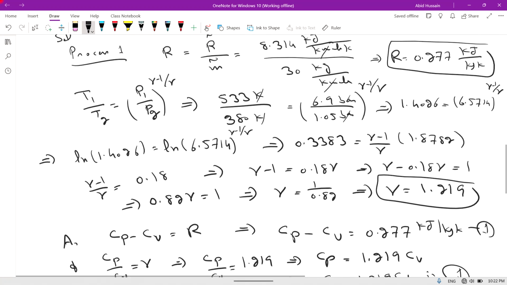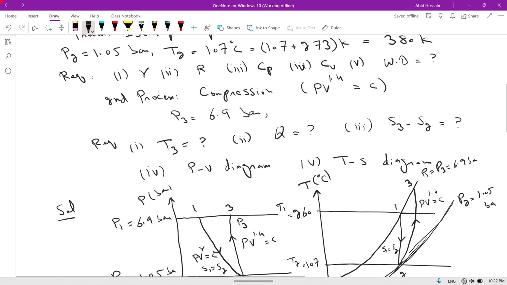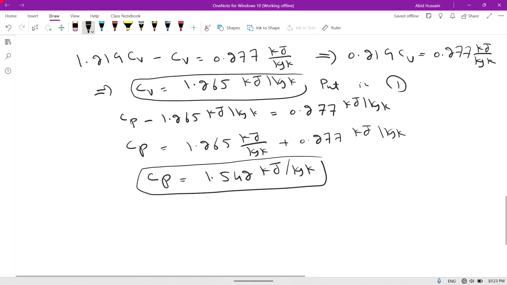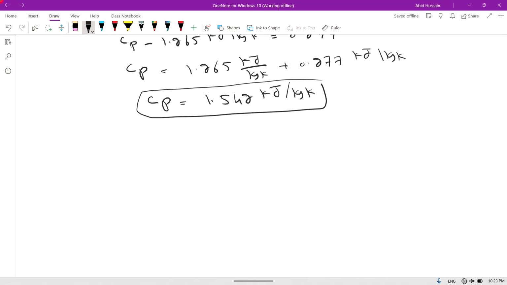Now the required things in the first part are gamma, R, Cp, and Cv, and now we are finding work done. For work done, first we find the mass. We know that mass is equal to P1 V1 divided by R T1. P1 is 6.9 bar, and 1 bar is equal to 10 power 5 Newton per meter square. V1 is 0.06 cubic meter.